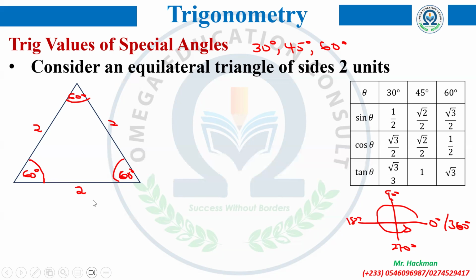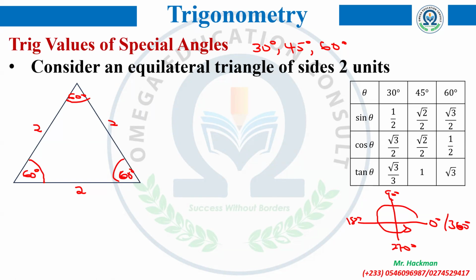So this is what we are going to do. I can see 60 as one of my special angles, but the other angle, 30, you can't obviously see from this triangle, can you? We cannot.